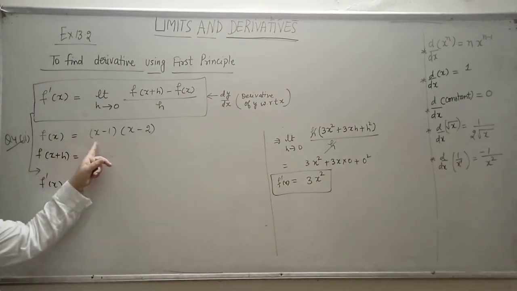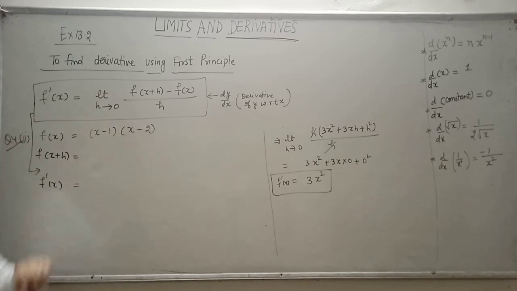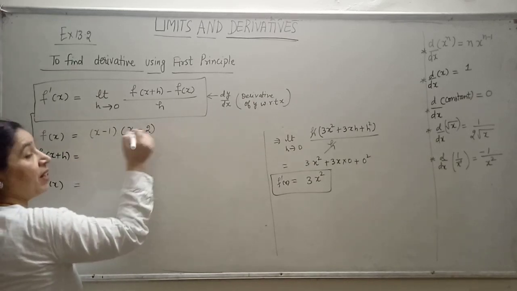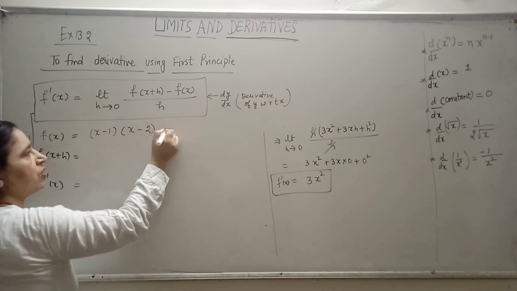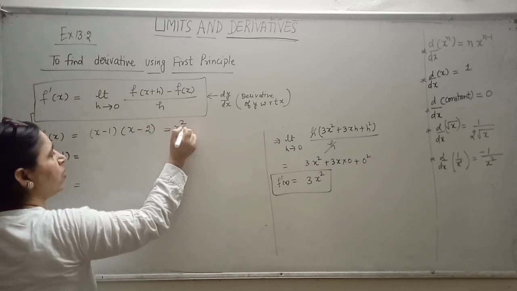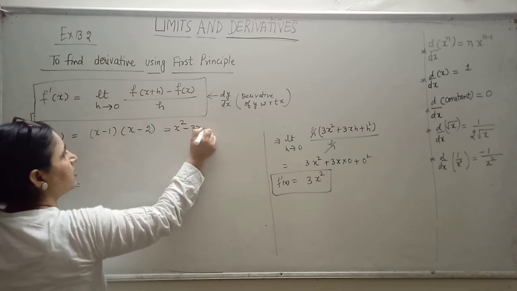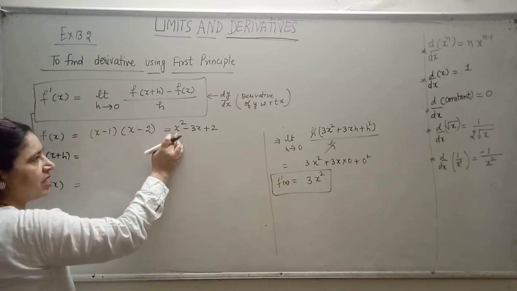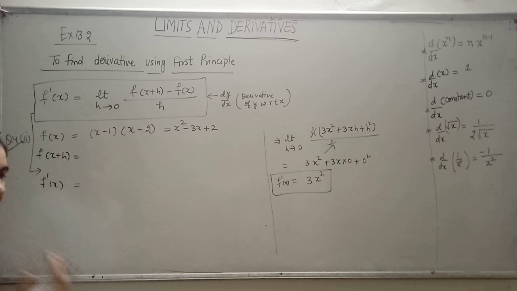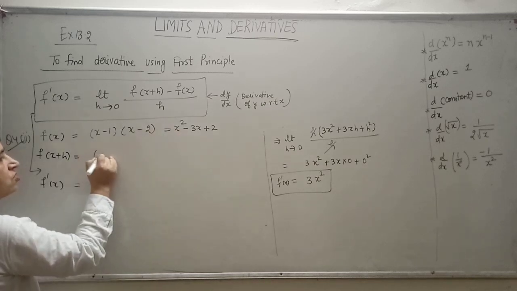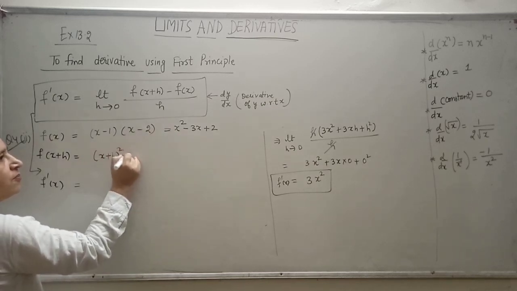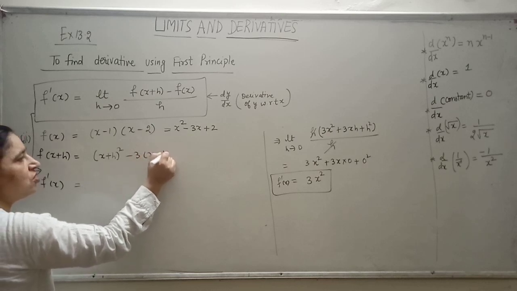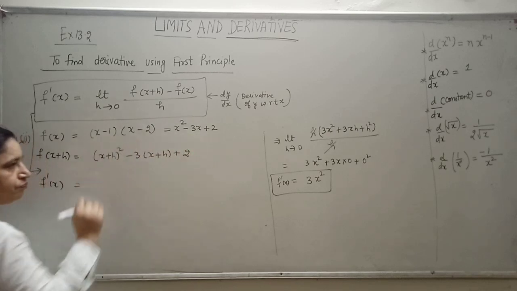Next is to find the derivative of (x minus 1)(x minus 2). First of all, by using the first principle again. So if I multiply, this is x square minus 3x plus 2. Okay. So now f(x plus h). Wherever there is x, replace that by x plus h in this function. So this is (x plus h) square minus 3(x plus h) plus 2.